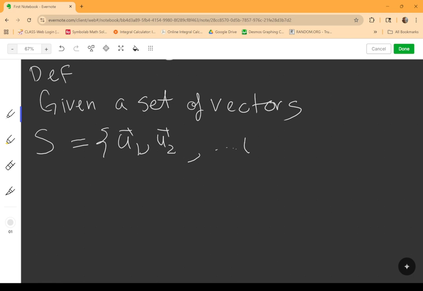Right now, we're just talking about Euclidean space, but we're not really held to it being from Euclidean space. It's really very generally a set of vectors. Their span, which we'll use this notation for, these types of brackets here.